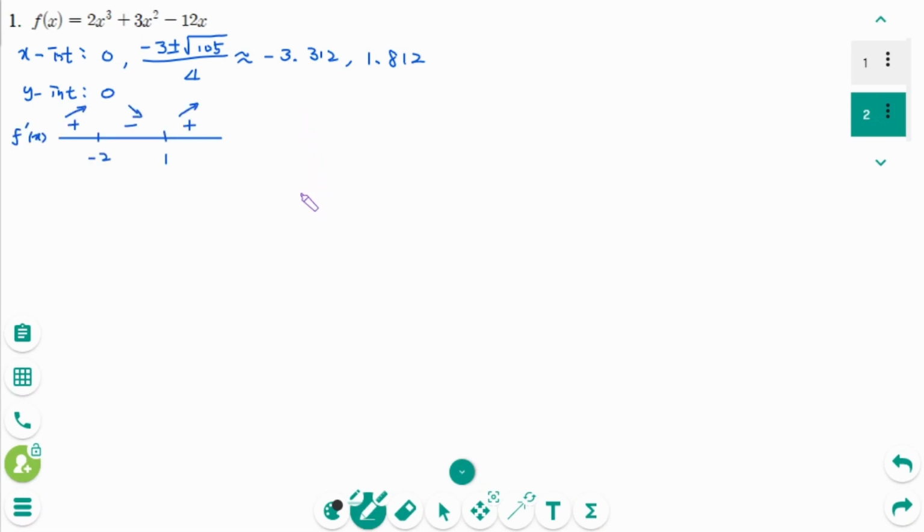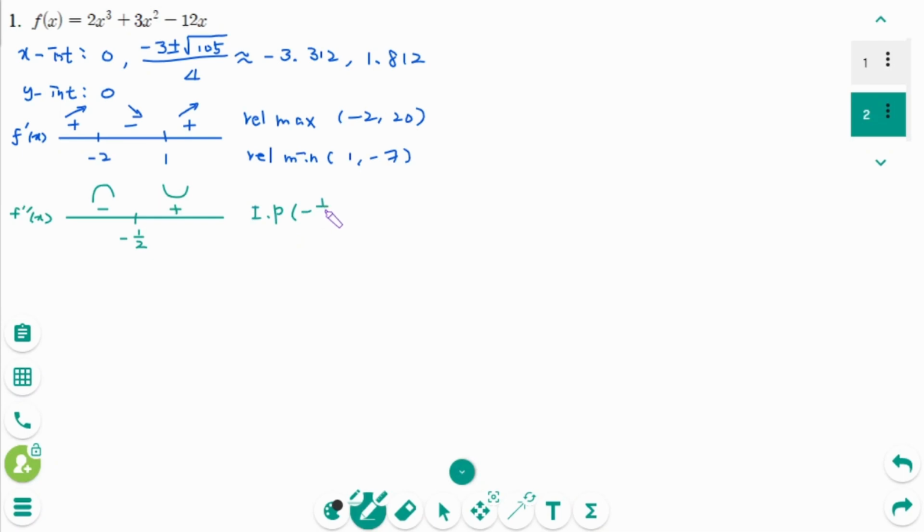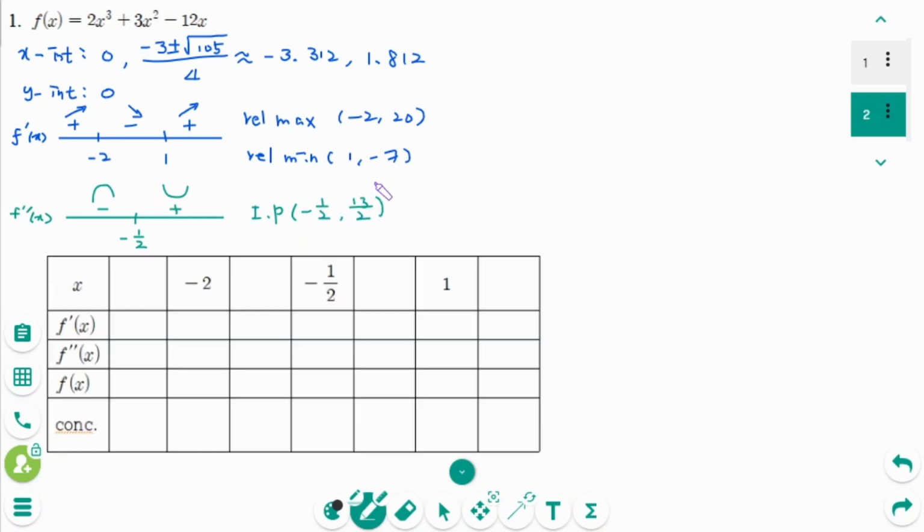The number line of f prime of x, relative maximum is minus 2, 20. Relative minimum is 1, minus 7. And inflection point is minus 1 over 2, 13 over 2.